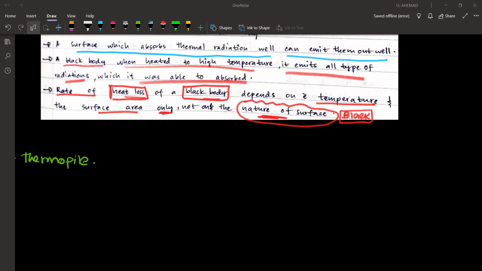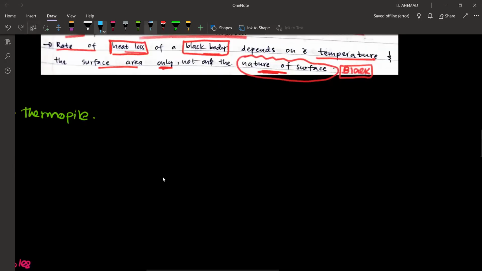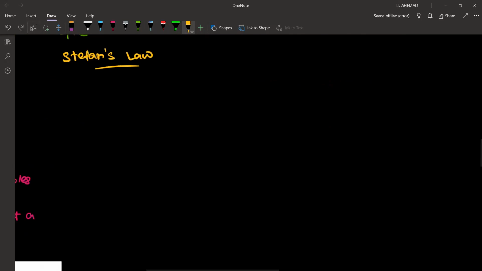So next we have Stefan's law. When we take a black body, it is going to emit radiation depending on the temperature.